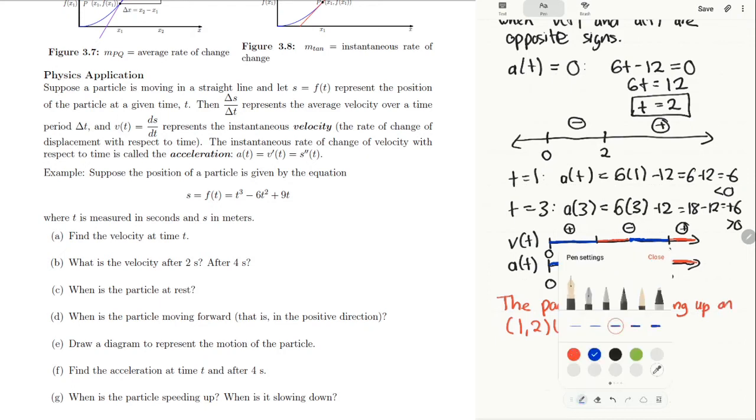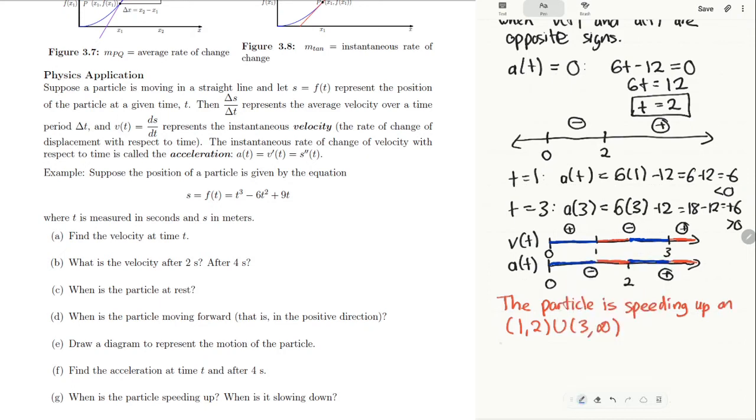And the particle is slowing down on the interval from 0 to 1, union 2 to 3.